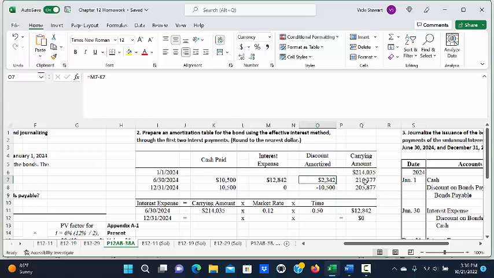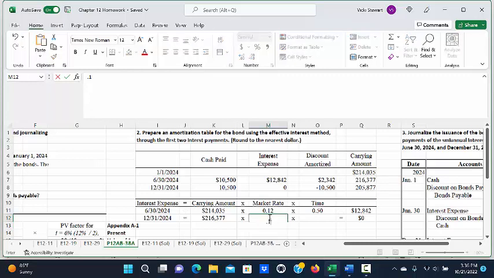Now, to get the next carrying amount, we take the previous carrying amount, we add the amount of the discount that was amortized, and that increases the carrying amount to $216,377, and that is the amount you use to calculate the interest for the next semi-annual interest payment date.